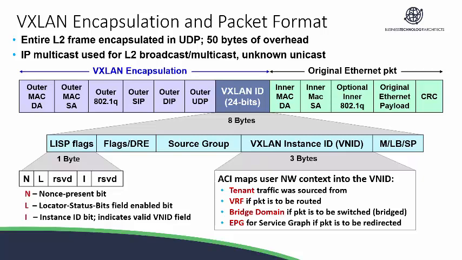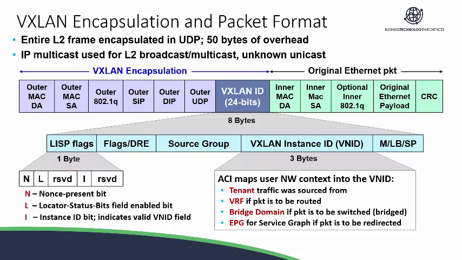A VXLAN encapsulation defines a MAC-in-UDP encapsulation scheme, where the original Layer 2 frame has a VXLAN header added and is then placed in a UDP IP packet. With this MAC-in-UDP encapsulation, VXLAN tunnels Layer 2 traffic over a Layer 3 network. So this is how it actually does this. You have a VXLAN packet.